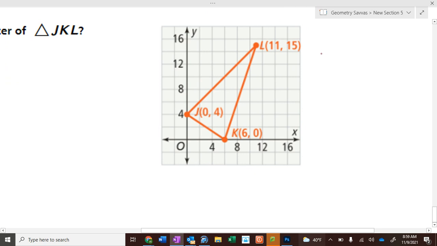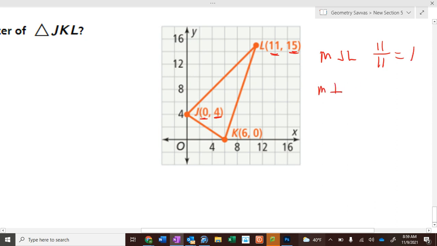All right. First, let's find the slope of JL. What's the slope of JL? What's the rise? How far do I go up from 4 to 15? 11. What's my run to the right from 0 to 11? So what's the slope? 1.